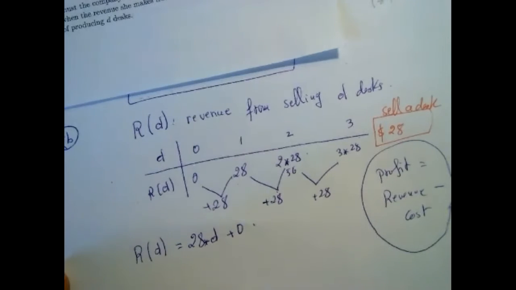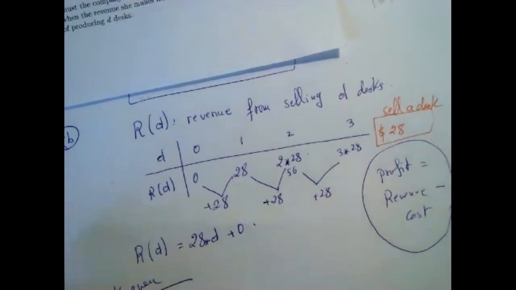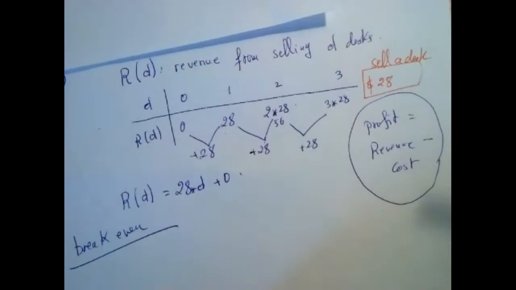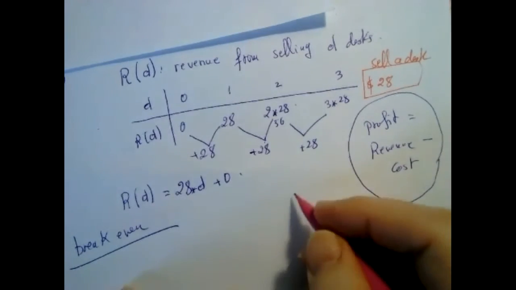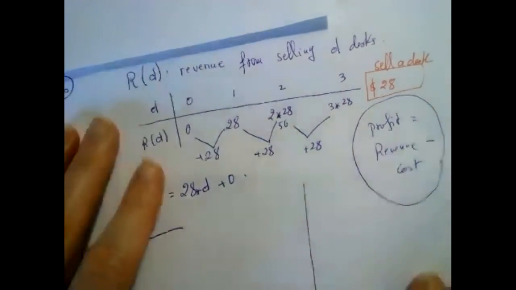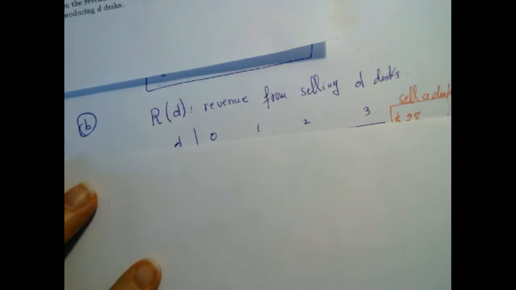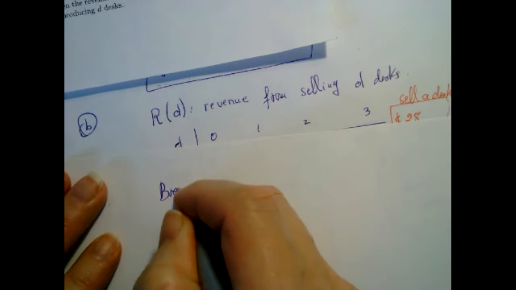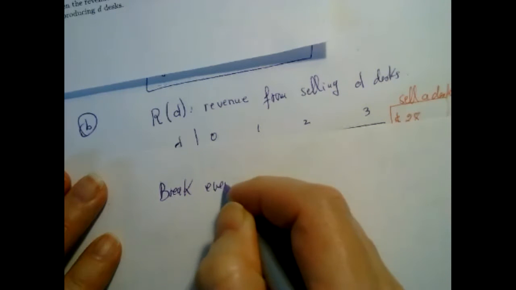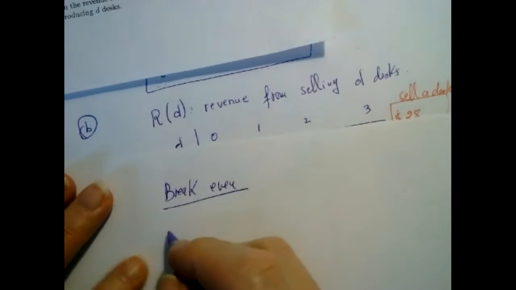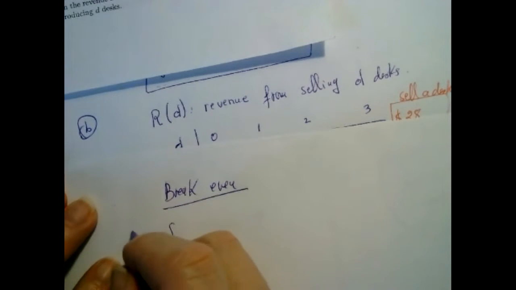So now, what's the break-even point? What does it mean, break-even? Break-even means the following. I'm going to take it on a different page. Okay, so this company produces stuff.